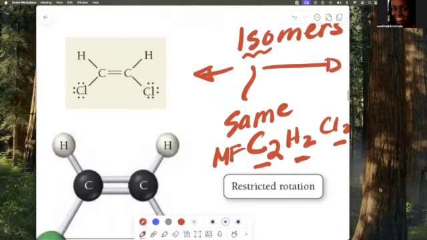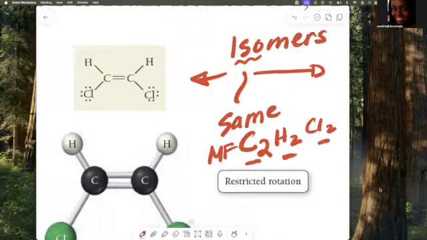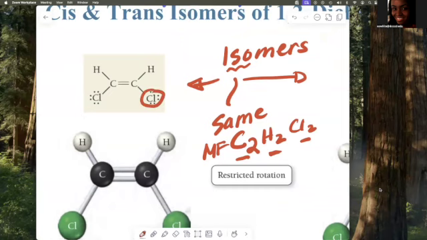If you look right here, it is the location or the position of the chlorine. In the molecule on the left, the chlorines are on the same side of the double bond sign, right? It looks like an equal sign, but it's actually a double bond. So we have the chlorines on the same side.